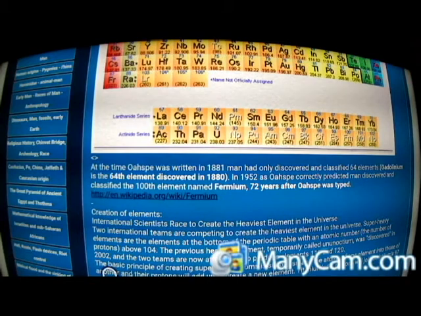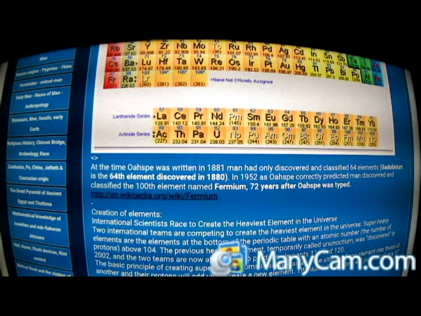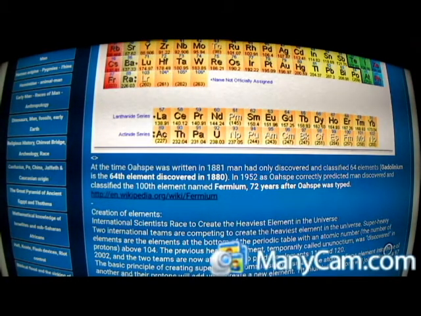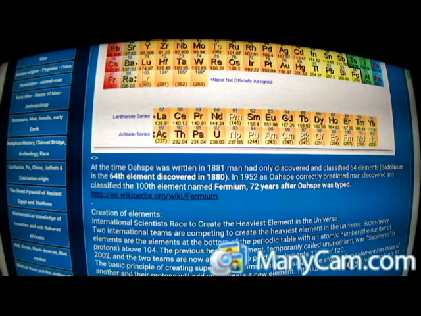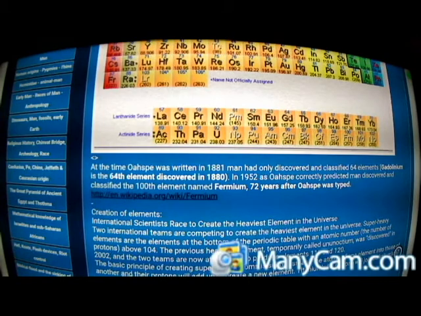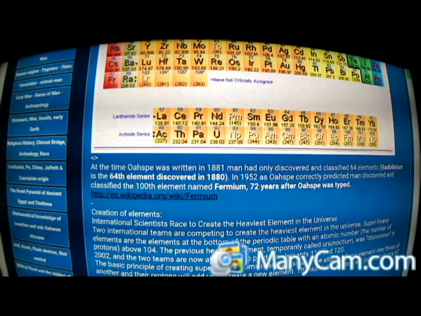I'll repeat that again. The basic principle of creating super heavy atoms is simple. Smash the atoms of one element into those of another, and their protons will add up to create a new element. Titanium's 22 protons will join berkelium's 97 to create an atom with 119 protons.